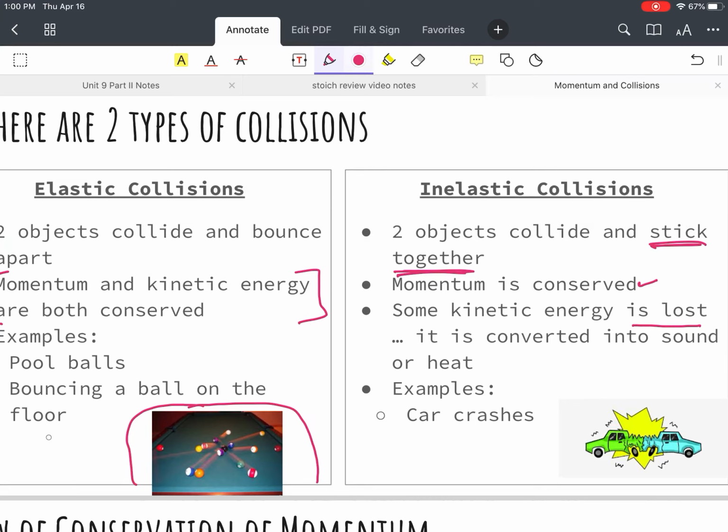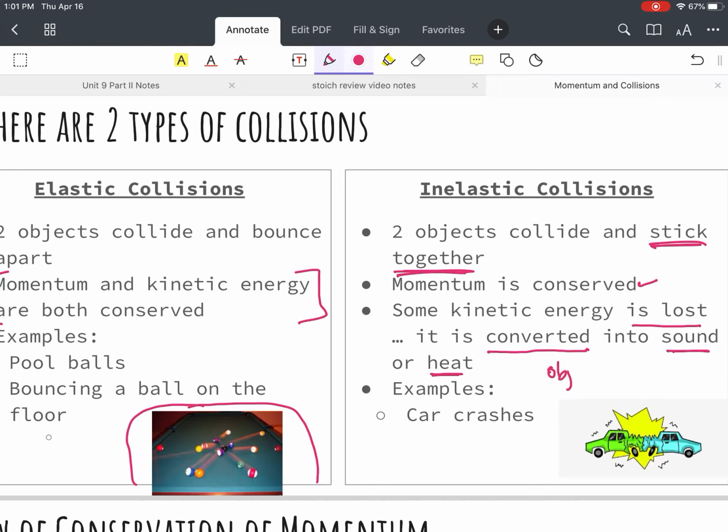The reason that it's lost is that it doesn't disappear, but it's converted or transformed into different types of energy. So instead of my kinetic energy being my motion, it's converted into sound and heat.